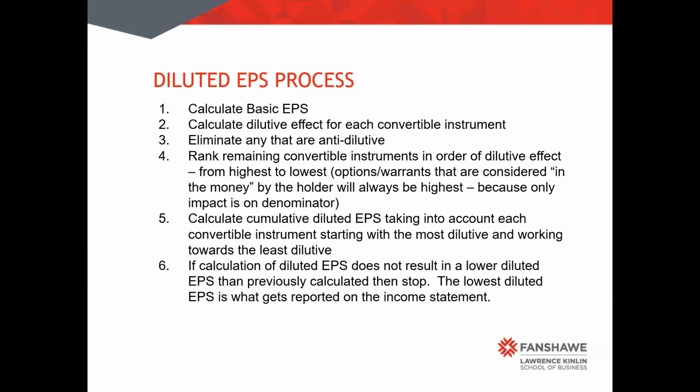You would calculate the cumulative diluted earnings per share, taking into account each convertible instrument, starting with the most, working towards the least dilutive. And then if the calculation of the diluted EPS does not result in a lower diluted EPS than the previous calculation, then you stop. And that lowest diluted EPS is what gets reported. So that's the theory behind it. Hope that helps a little bit.